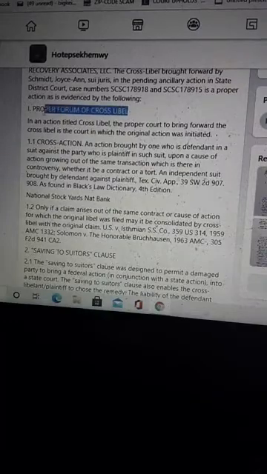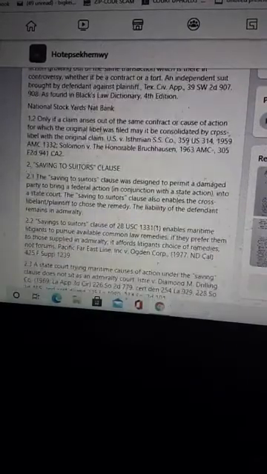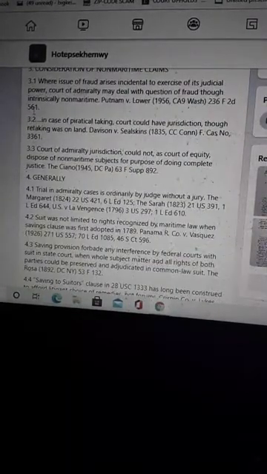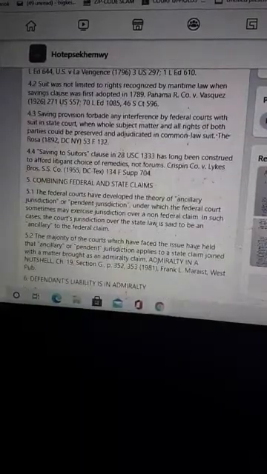This is talking about the venue and the forum. Cross action. Savings to suitors clause. You notice it's pointed out. And then we get on to consideration of non-maritime claims, generally, combining federal and state claims.